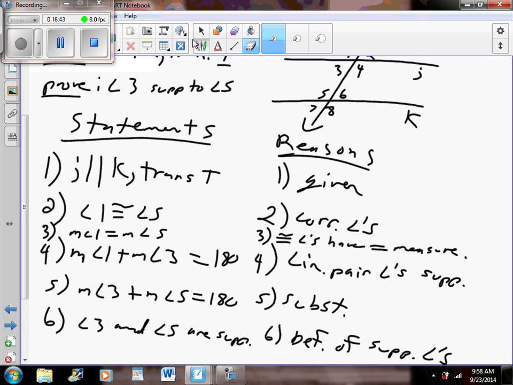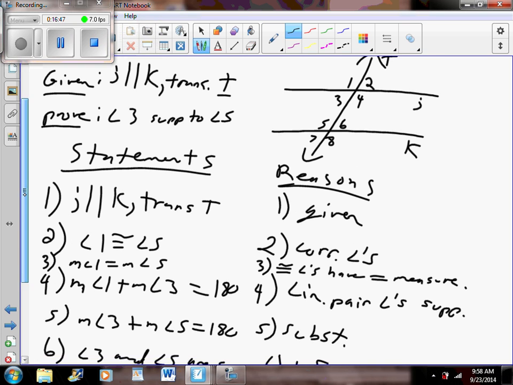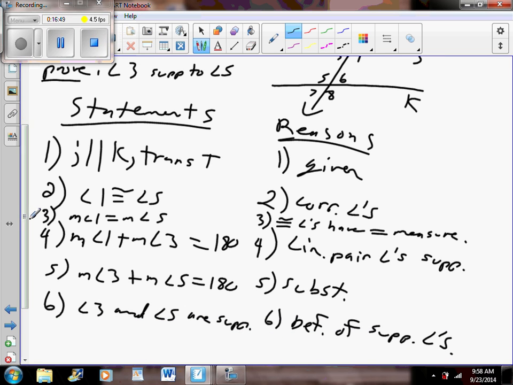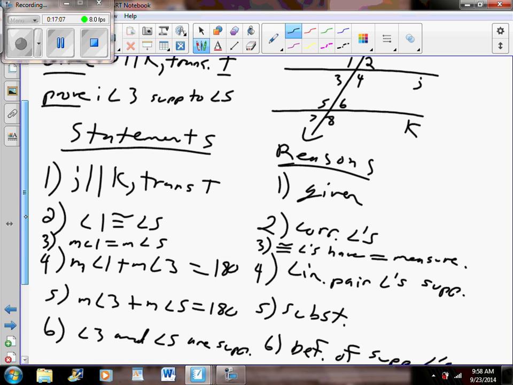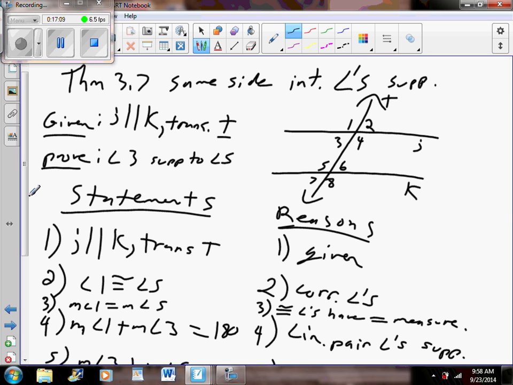That's given, okay? Now I want to state that angle 1 is congruent to angle 5. That's true because of corresponding angle postulate number 8. I almost skipped this step, kind of squeezed it in between 2 and 4. Step 3, since the angles are congruent, measure of angle 1 will equal the measure of angle 5. Why? Because congruent angles have equal measures. Now I'm going to state that the measure of angle 1 plus the measure of angle 3 is 180 degrees.